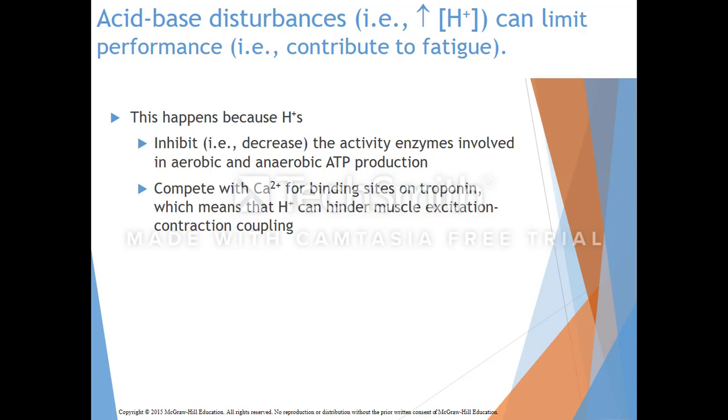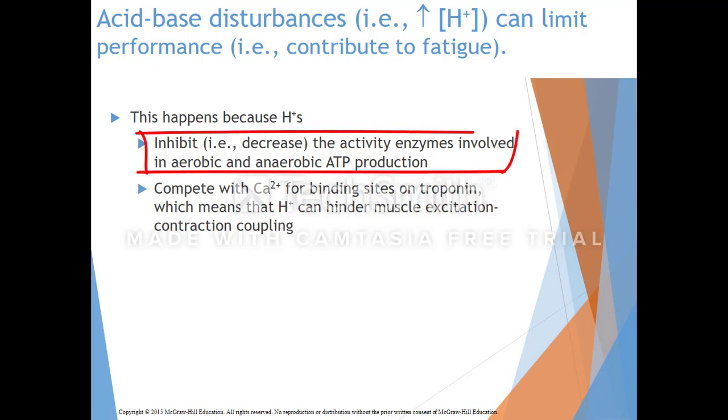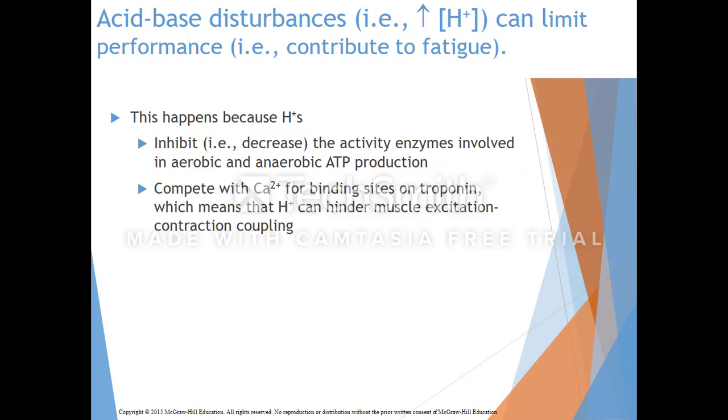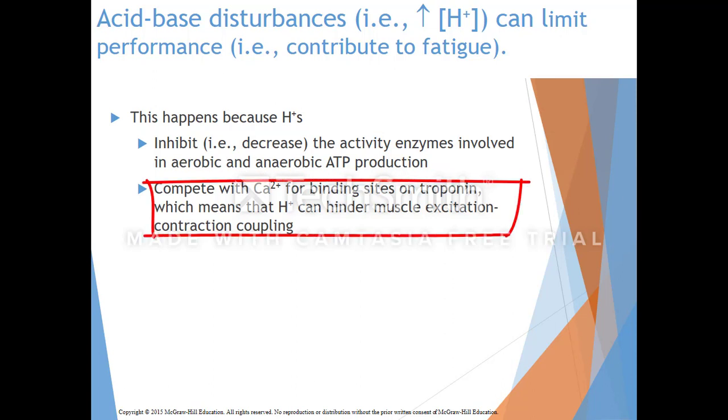Why does fatigue occur? Fatigue occurs because these hydrogen ions are going to inhibit the activity of enzymes that are involved in the production of ATP, and these hydrogen ions are also going to compete with calcium for binding sites on troponin. So remember, troponin is a part of the thin filament, and normally calcium binds to troponin, and that causes tropomyosin to move and expose an active site on actin.